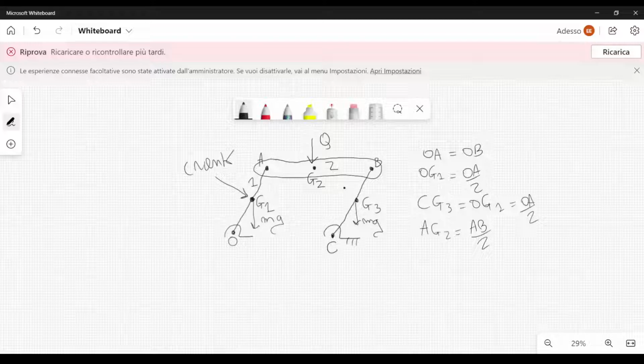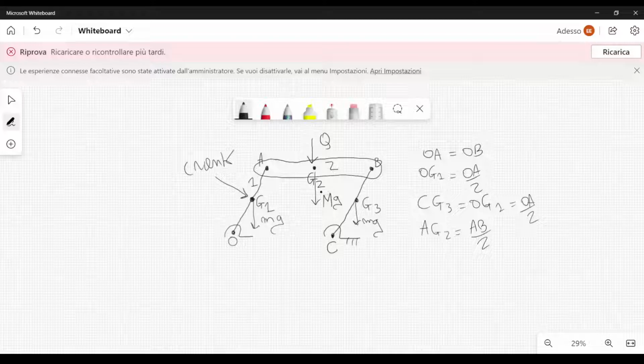They're exactly the same. So the length is the same and also the mass is the same. And then here, if we assume that Q does not contain the action of the weight, we also have the mass of the second body, the connecting rod, and let me call it capital M times g, right?